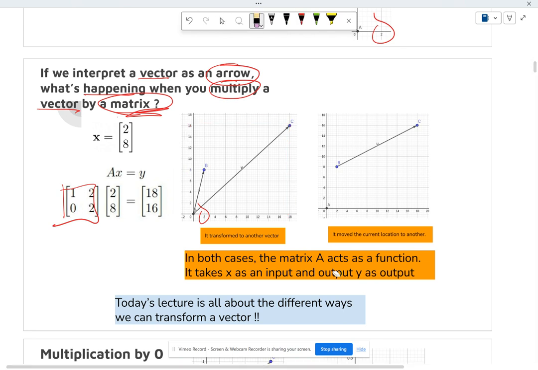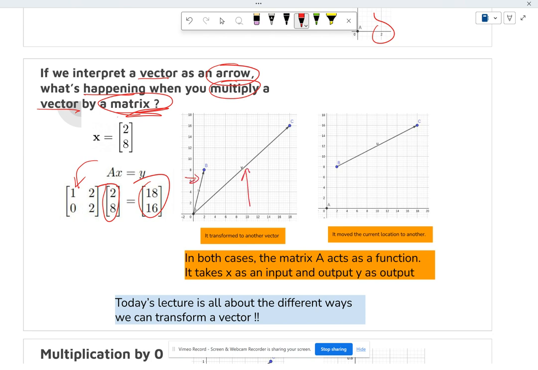So essentially, when you multiply a vector by a matrix, it transforms that vector. In this case, it went from this arrow to this arrow. If we interpret it as just a point in space, it basically moved from this point to this point.